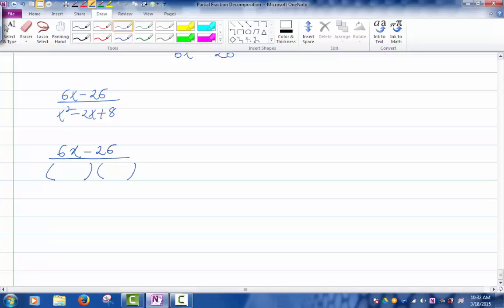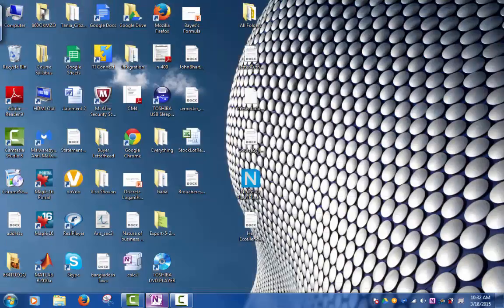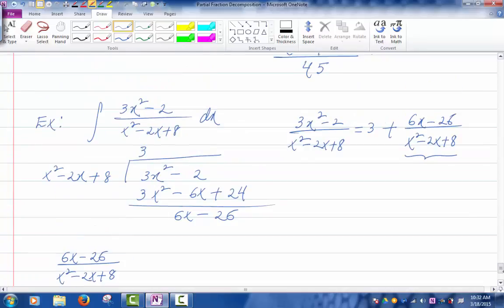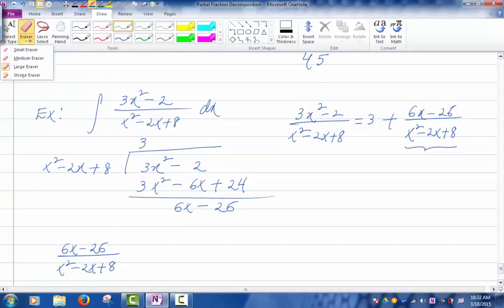What do you get? Whoa. Why can't you factor it? 8 is positive, and I think I made a mistake to begin with. This should be a negative 8.